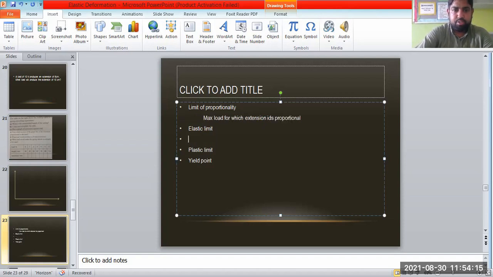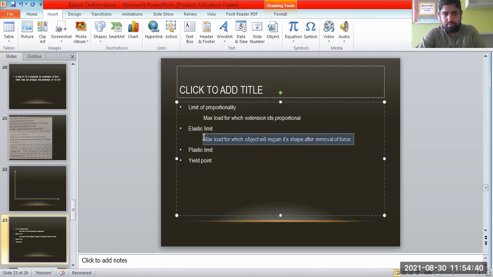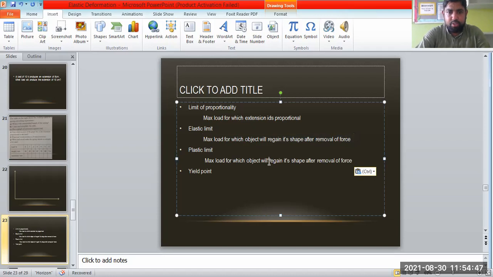Elastic limit is the maximum load for which the object will regain its shape after removal of force, and plastic limit is the maximum load for which the object will not regain its shape after removal of force.